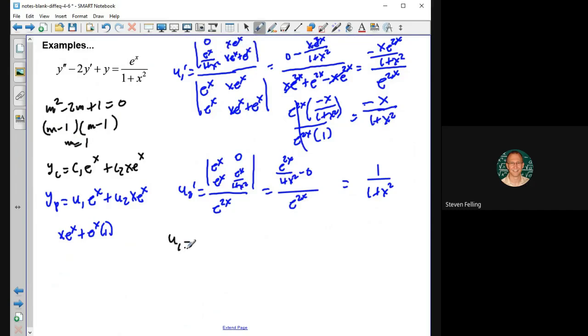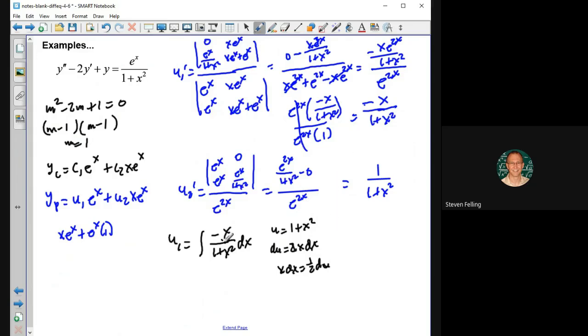So u1 is going to be the antiderivative of, let's see, negative x over 1 plus x squared dx. Let's do a u substitution with the entire denominator as u, 1 plus x squared. That would mean du is 2x dx, and therefore x dx is equal to 1/2 du, right?